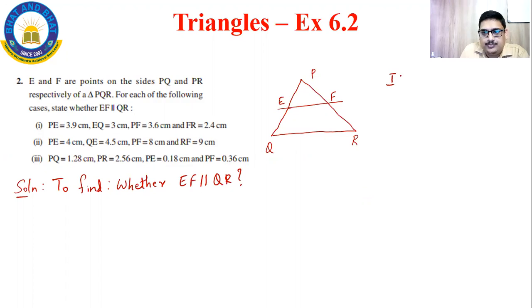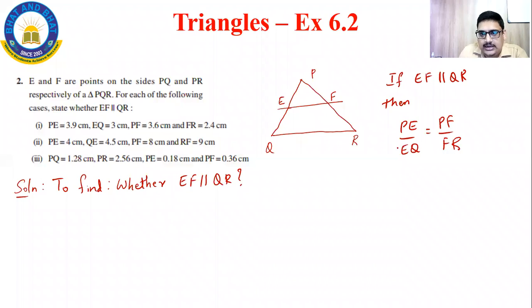So if EF is parallel to QR, then PE divided by EQ should be equal to PF divided by FR. That means for this particular question, I have to find these two ratios and check whether they are equal to each other or not. If they are equal, then I conclude that EF is parallel to QR.